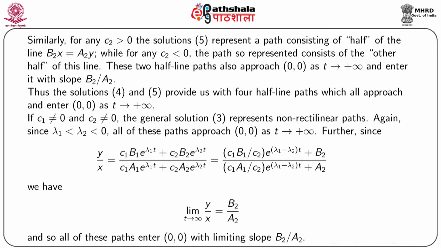Hence we get that if both the roots lambda 1 and lambda 2 are real, unequal and less than 0, then the given system will represent a node at the origin, and in this case it is a stable node.